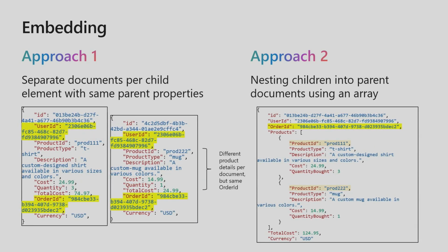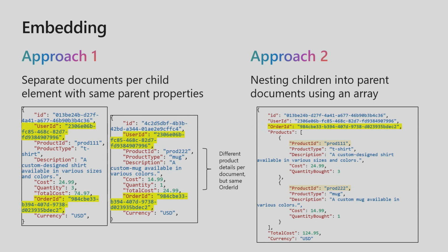So in approach one, we have multiple documents for each unique product a customer has bought, and we're embedding the order details like the order ID and the order date as the same property across these documents. In approach two, like we saw earlier, we just have one document per order ID, and all of the product details are embedded in there.